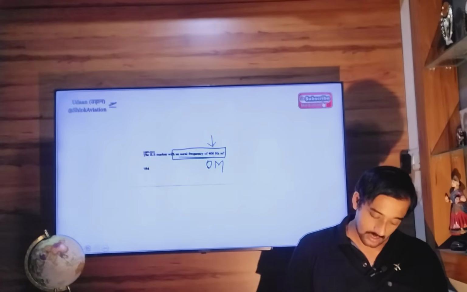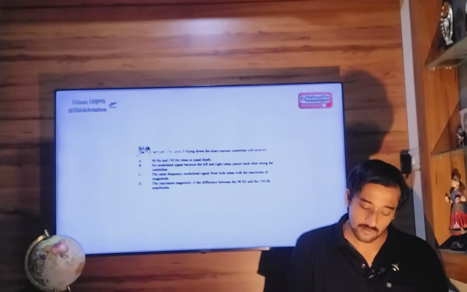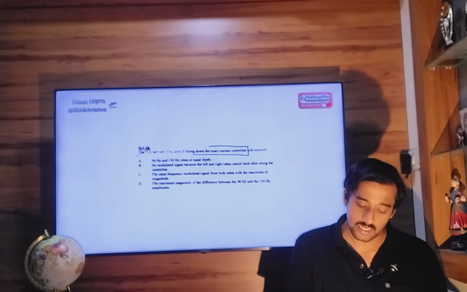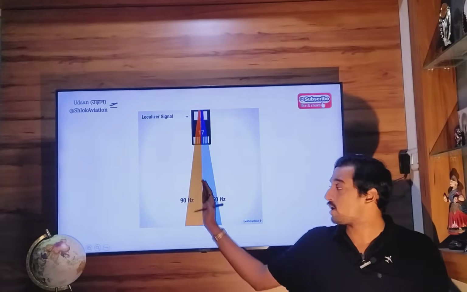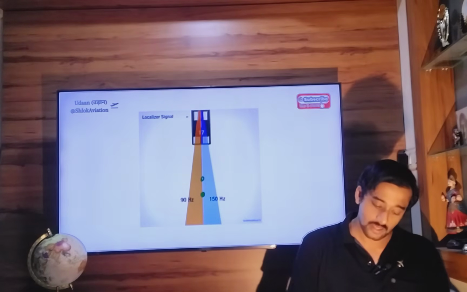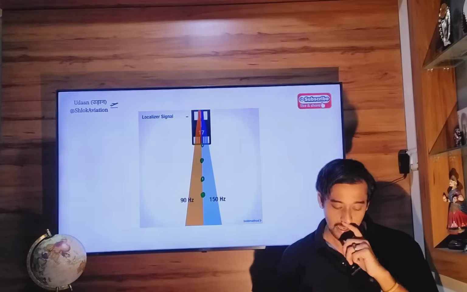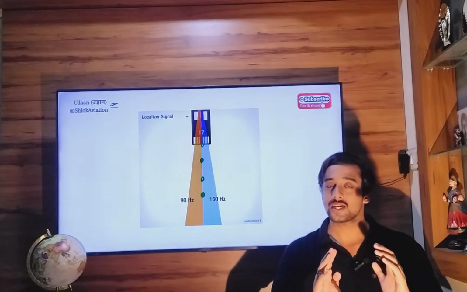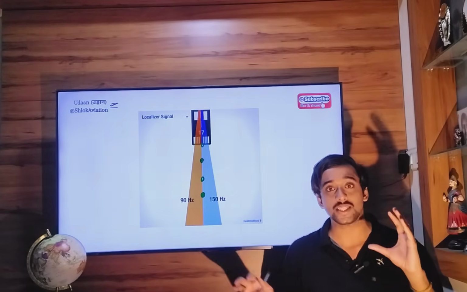Next, the ILS receiver of an aircraft flying down the exact runway center line will receive what? So you are correctly flying along the center line of the runway like this, in the overlapping region of 90 Hz and 150 Hz signals. When you are flying right on the center line, you will receive both the 90 Hz and 150 Hz signals equally.